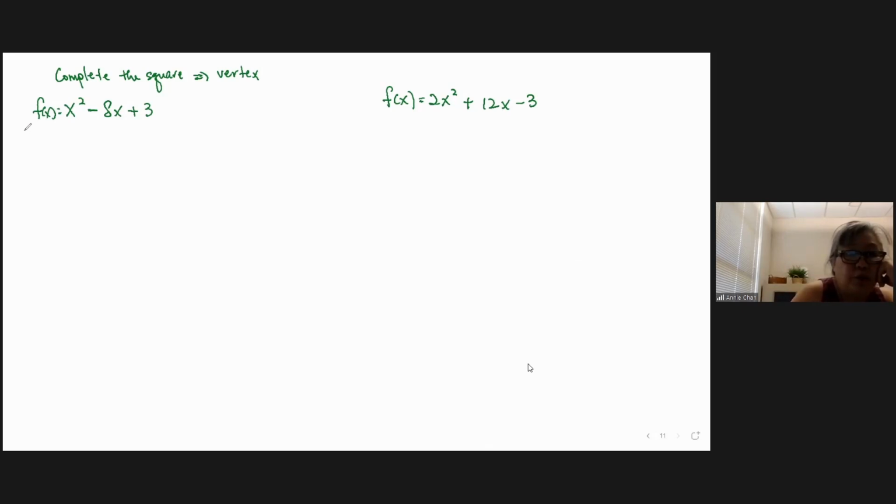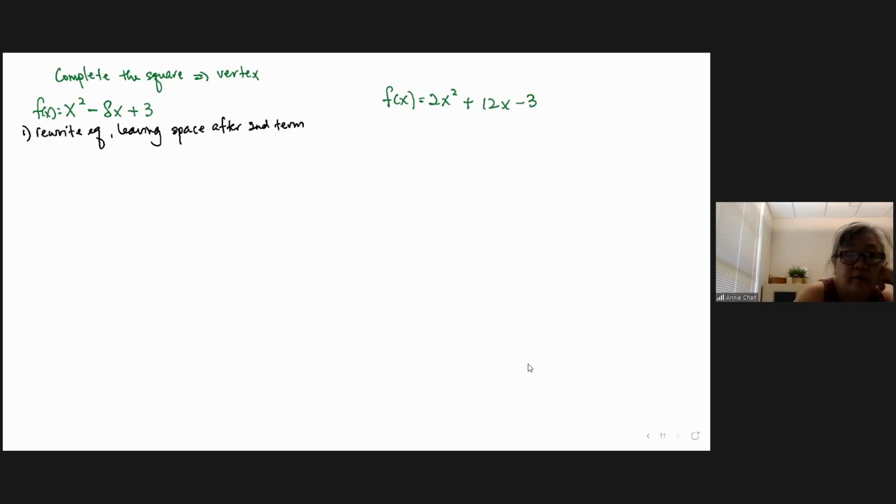What I want to do, the first thing is rewrite the equation, leaving space after the second term. You all know that this is one term, this is another term, and this is another term, right?